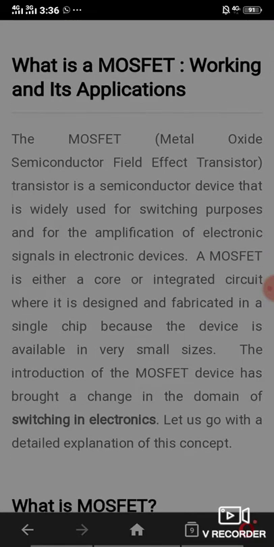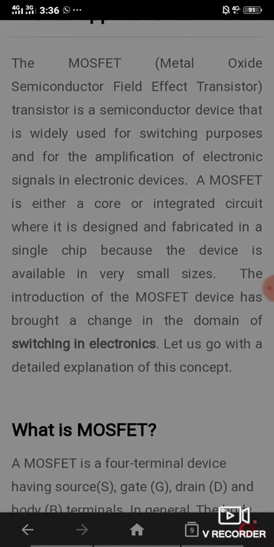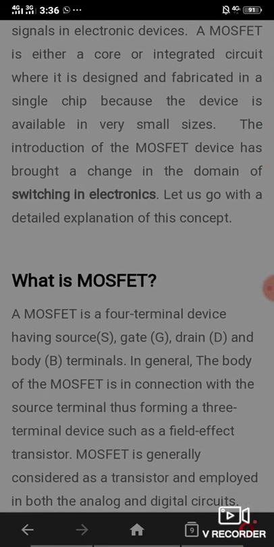In electronic devices, a MOSFET is either a core or integrated circuit, where it is designed and fabricated in a single chip because the device is available in very small sizes. The introduction of the MOSFET device has brought a change in the domain of switching in electronics. Let us go with a detailed explanation of this concept.